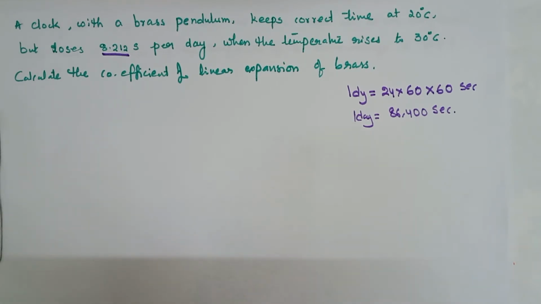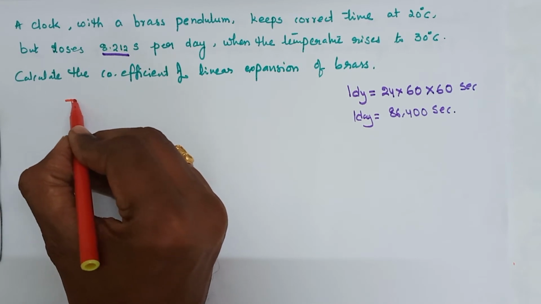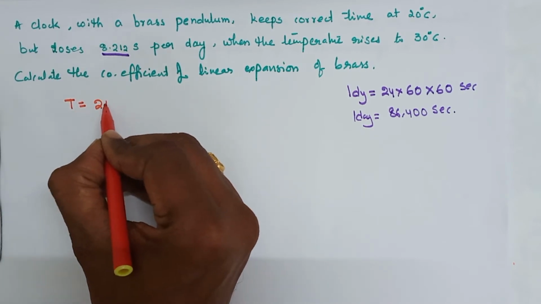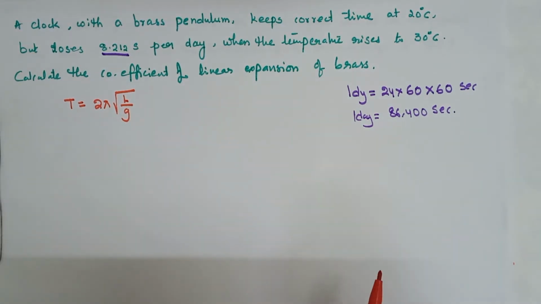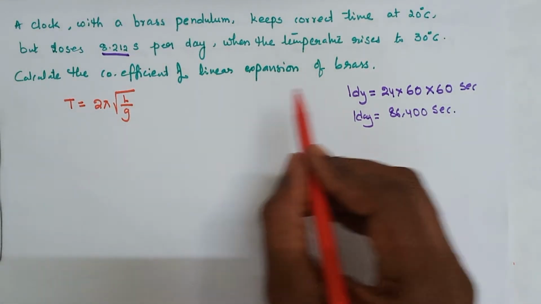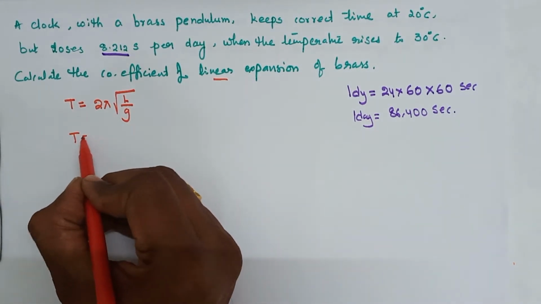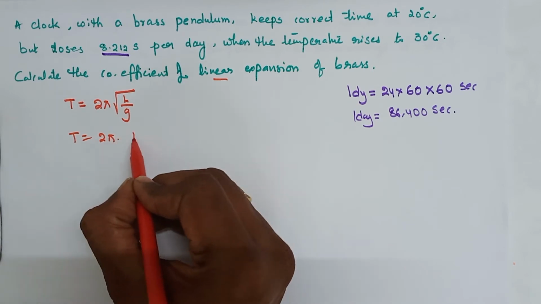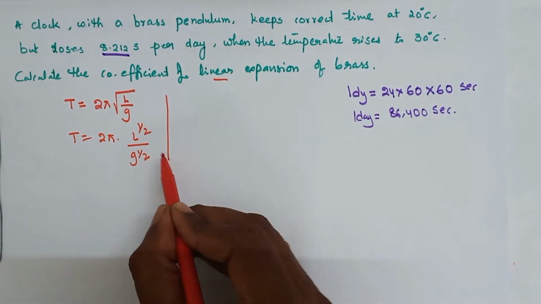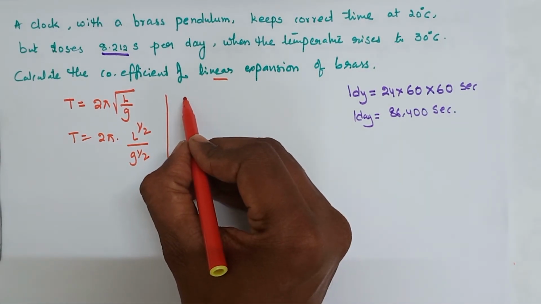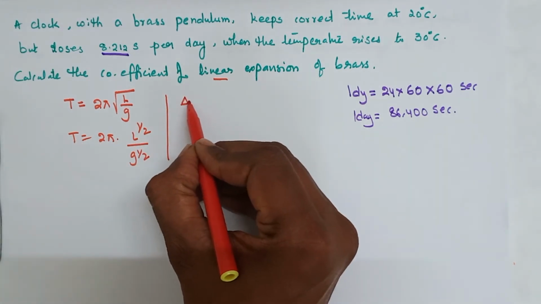Now, a pendulum is there. How to write the time period of the pendulum? Time period of the pendulum is T equal to 2 pi root over L by g. The coefficient of linear expansion is involved. T is equal to 2 pi L power 1 by 2 and g power 1 by 2. If you want to find delta t by t, let us apply this.